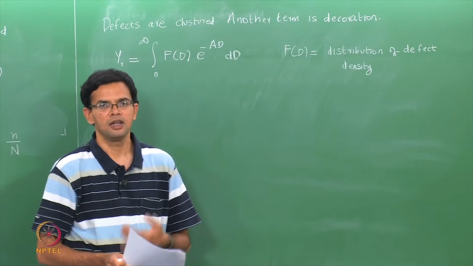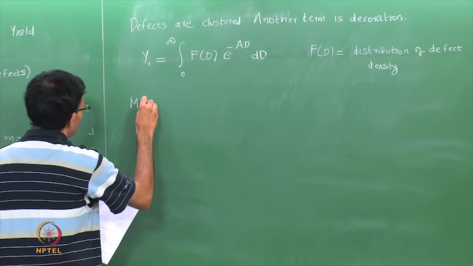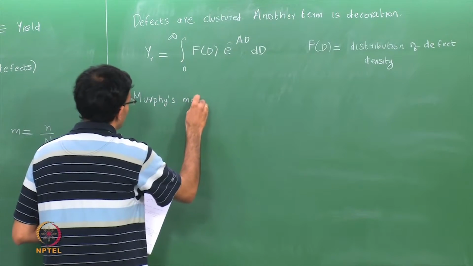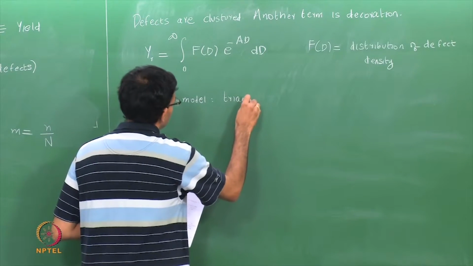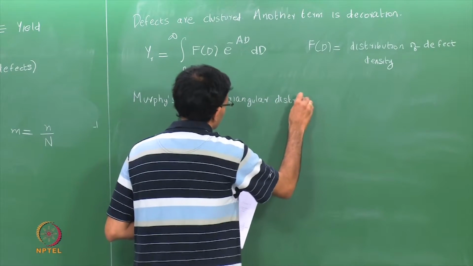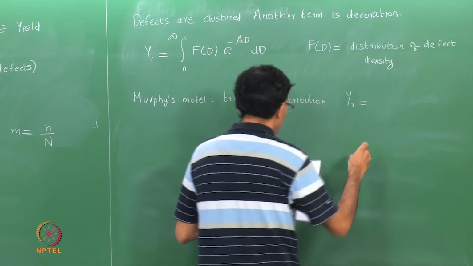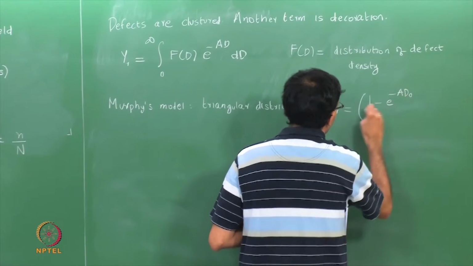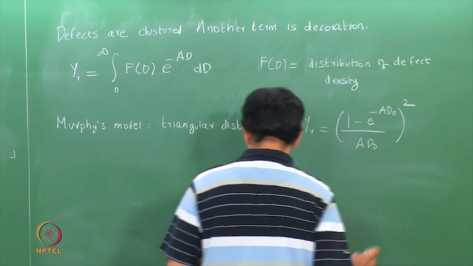So, there are different models that take into account different values of f of D. These give predictions that are much more closer to reality. For example, you have a Murphy's model which assumes a triangular distribution, so that the yield has an exponential function.